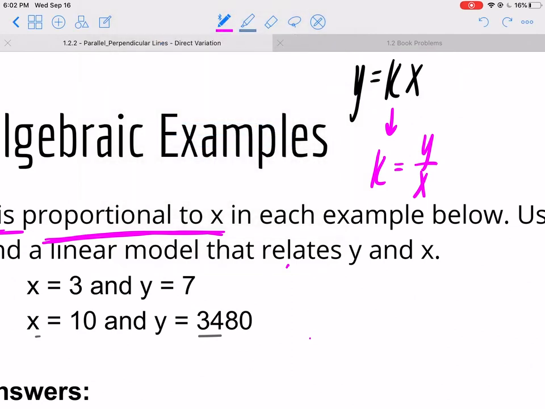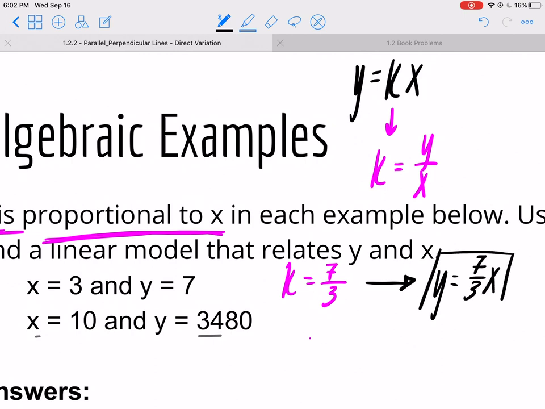So we've got x equals 3 and y equals 7. So first let's find k, the constant. So k is y divided by x, so 7/3. And then we plug that into our equation. So y equals this value, the k value, 7/3 times x. And it's as simple as that, okay?